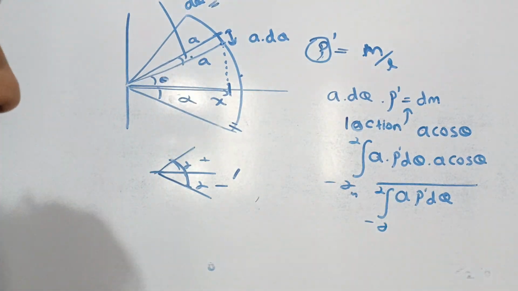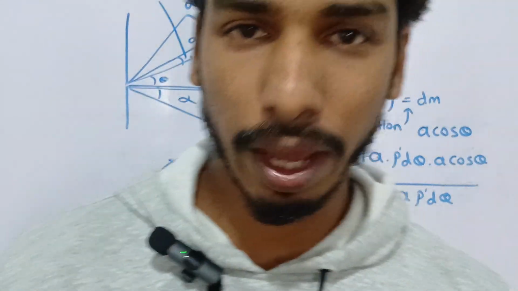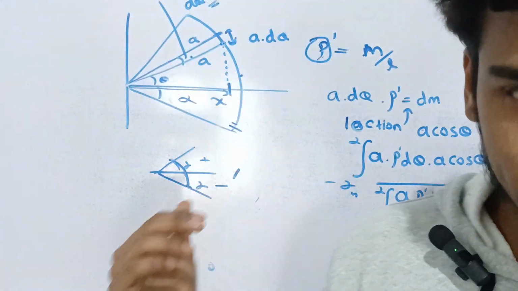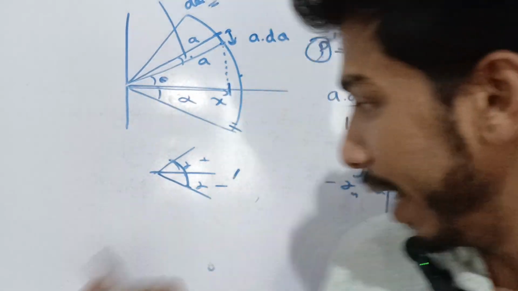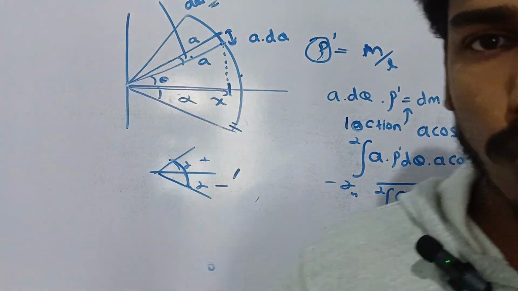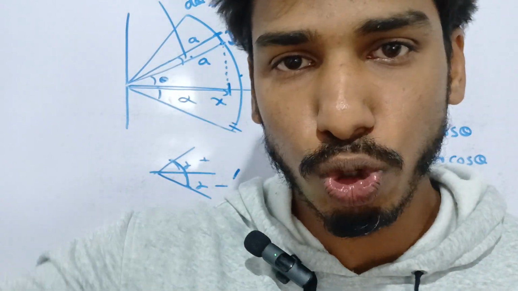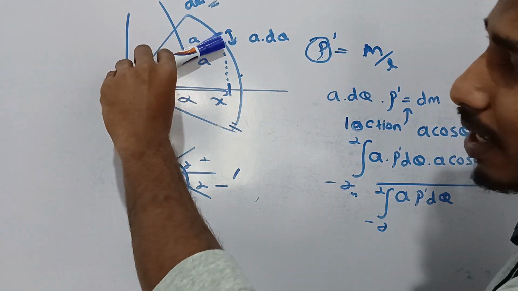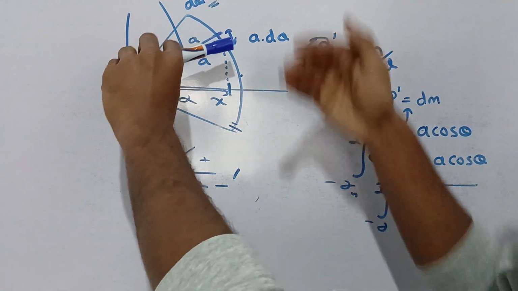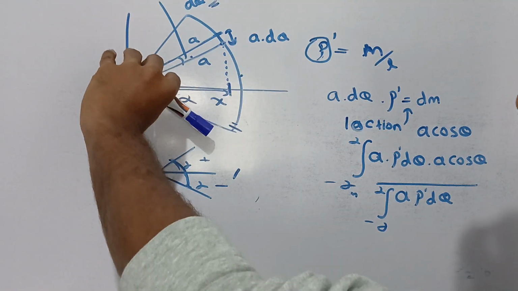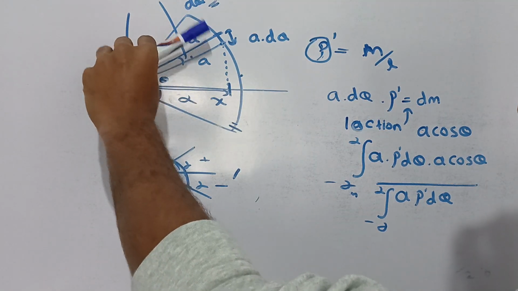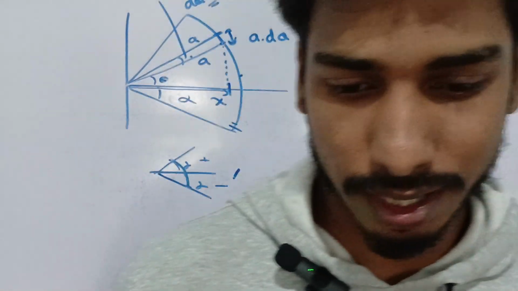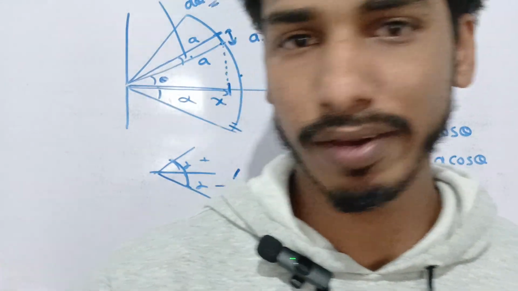When it came to the hollow hemisphere center of gravity, we had a similar nature, but we were not moving from minus alpha to alpha because it was like scooping. I said we were spraying a gun and rotating the hemisphere, so we only moved from 0 to alpha. If you have time, check that video. It will be given in the cards.